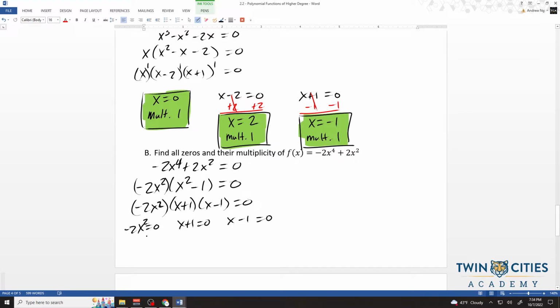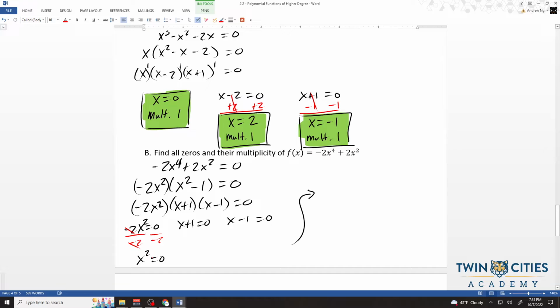And we'll solve. If negative 2x squared equals 0, well, if I divide both sides by negative 2, I'll get x squared equals 0. X squared equals 0. Take the square root of both sides.